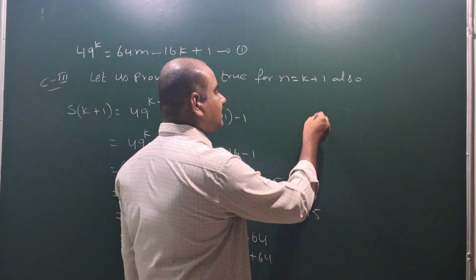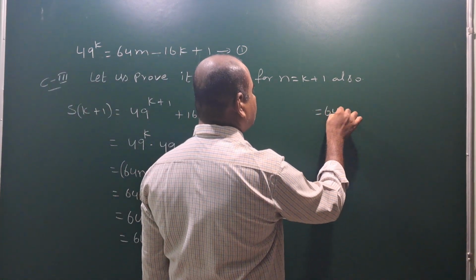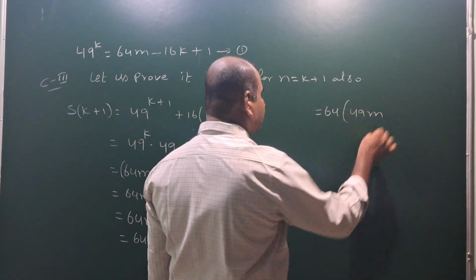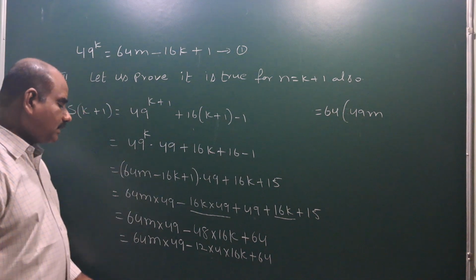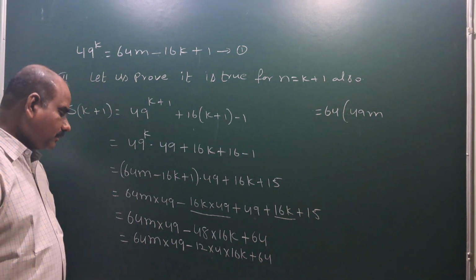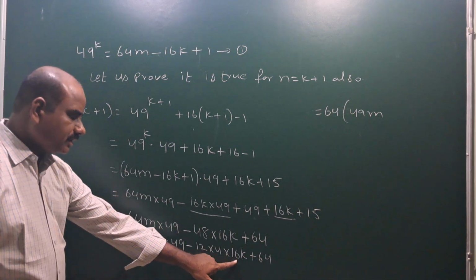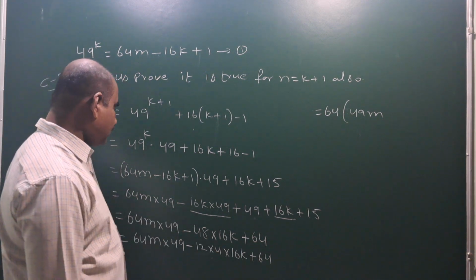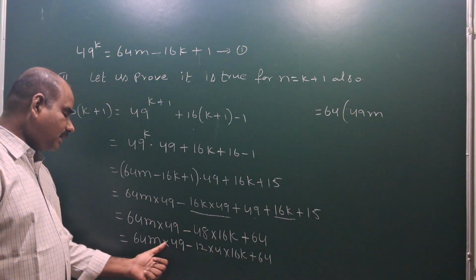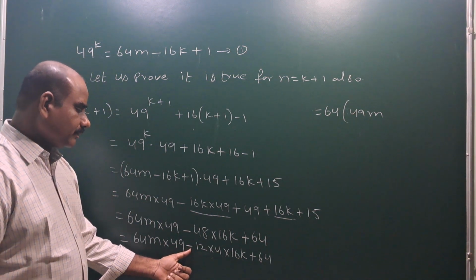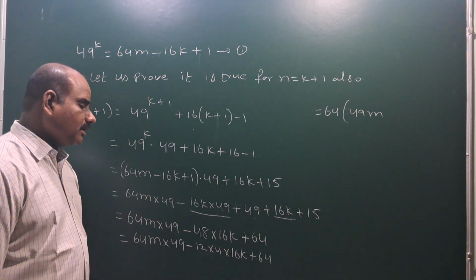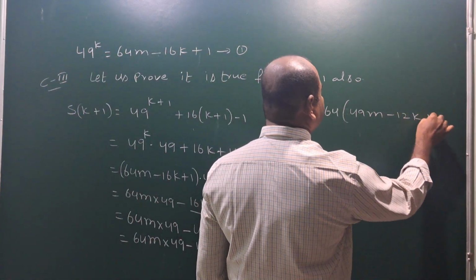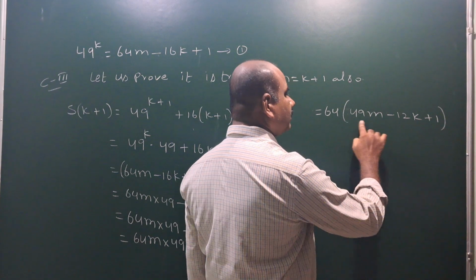So take 64 as common. We take 64 as common from all the terms. Here 64 is there, 16 into 4 also 64, here 64 is there. So taking 64 as common, we get 49m minus 12k plus 1.